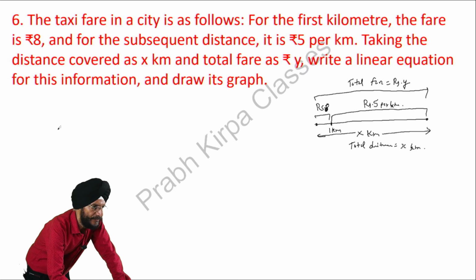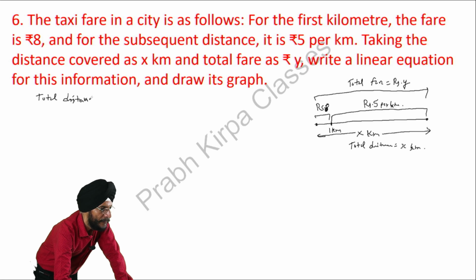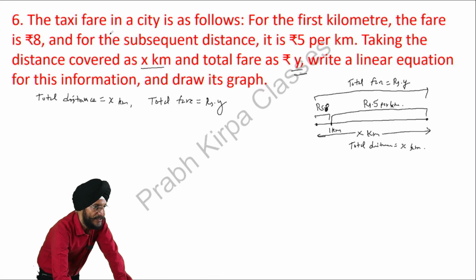Now we will write it here. What is given first? Total fare, total distance. Total distance is x kilometer. Total fare is y. Now what is given?